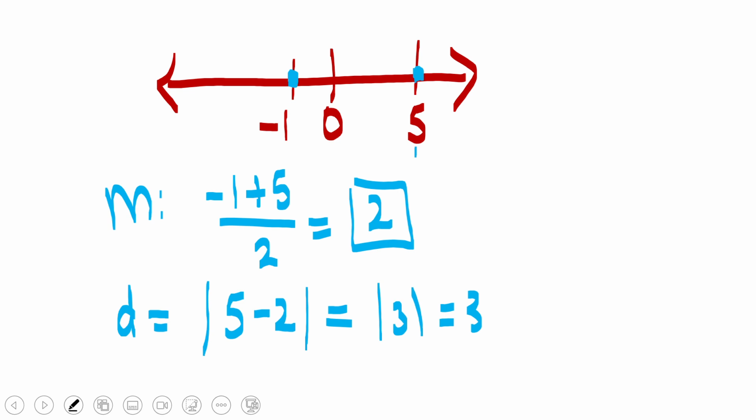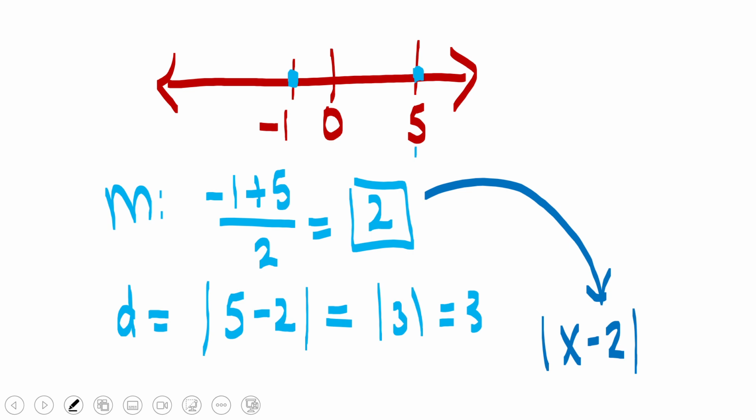Our equation is going to be now the absolute value of x minus 2 from the midpoint information equals 3 from the distance information. And so this equation describes the points that are a distance of 3 units from 2. So anywhere you go, there's a point 3 units from 2 for solving that. All right, I hope this helps, and I'll see you soon.